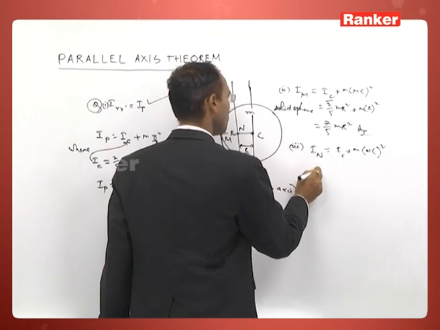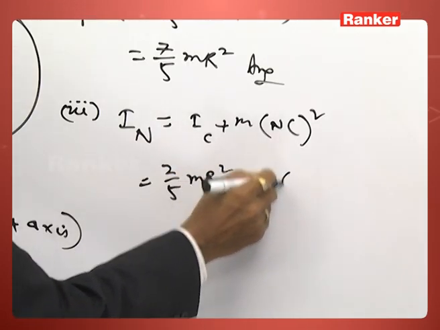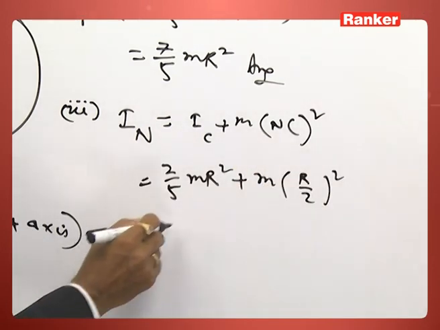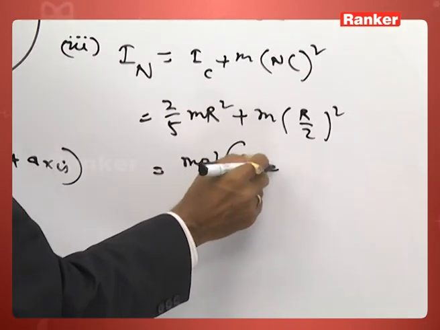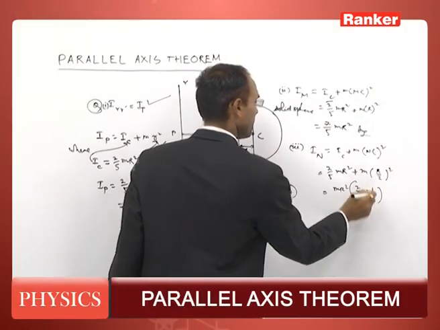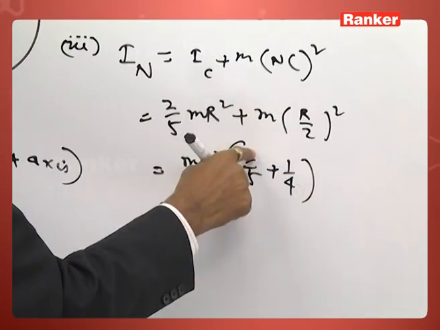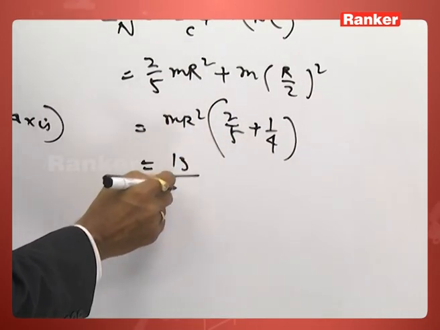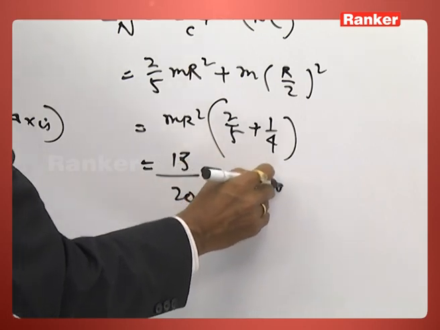IC is equal to 2 by 5 mr square plus m, nc is equal to r by 2. So you are getting mr square, you take common, 2 by 5 plus 1 by 4. 8 plus 5, that is 13 by 20 mr square. This is the answer.